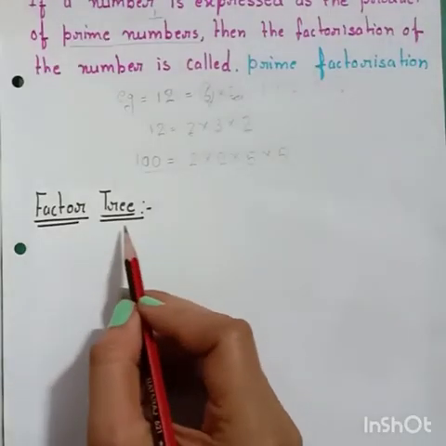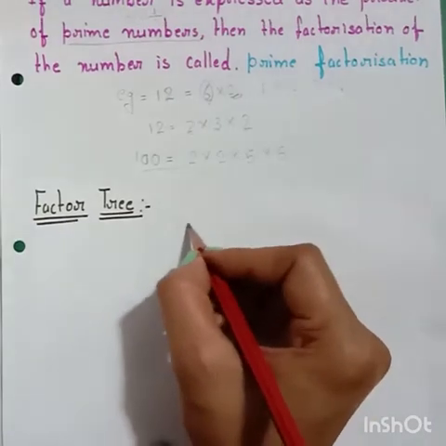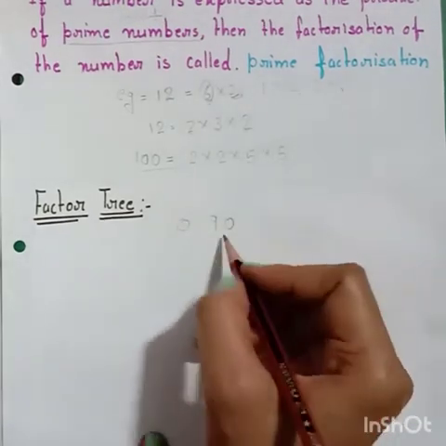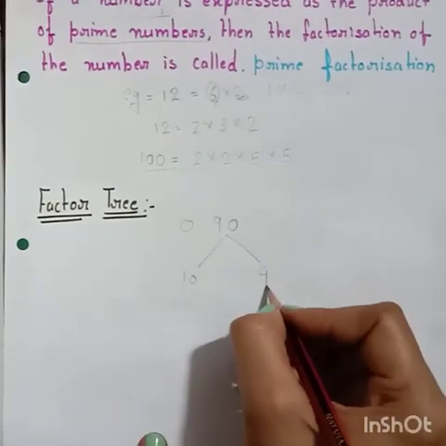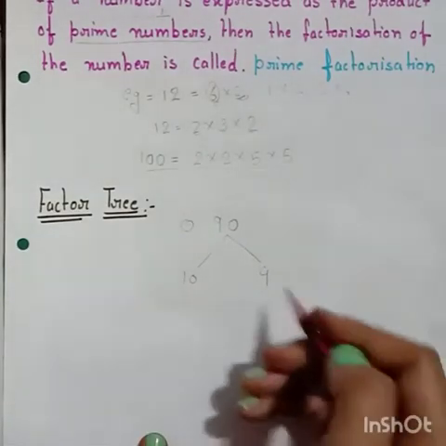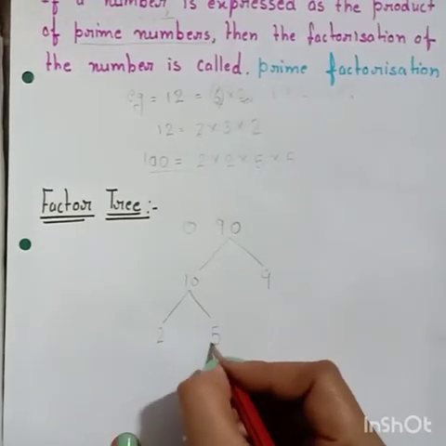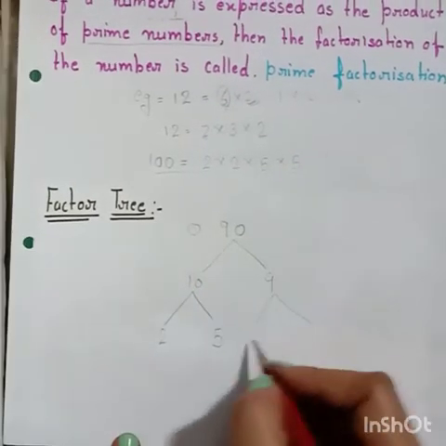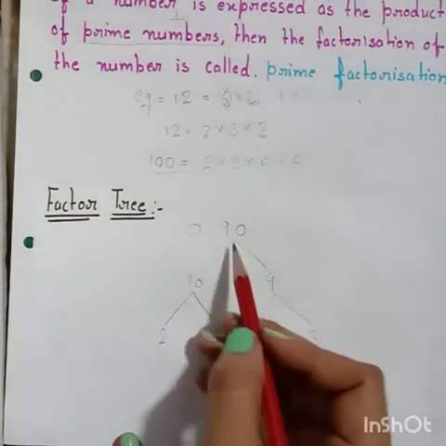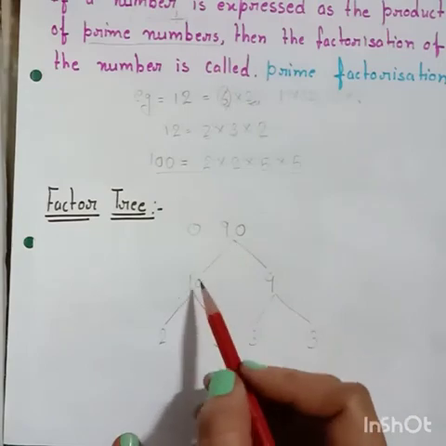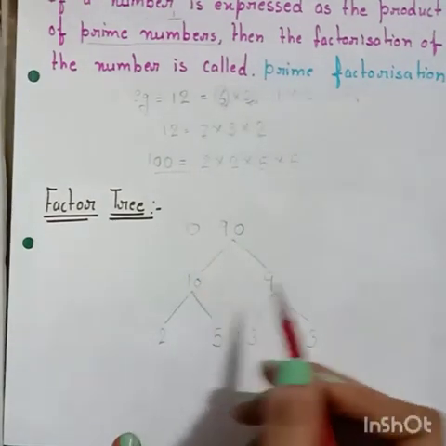Next is the factor tree. How are you going to make a factor tree? First of all, I take a number like 90. I can write 90 as 10 nines are 90. Now I can break this 10 as 2 fives, and this 9 can be broken as 3 threes. So I have broken 90 as 10 and 9.